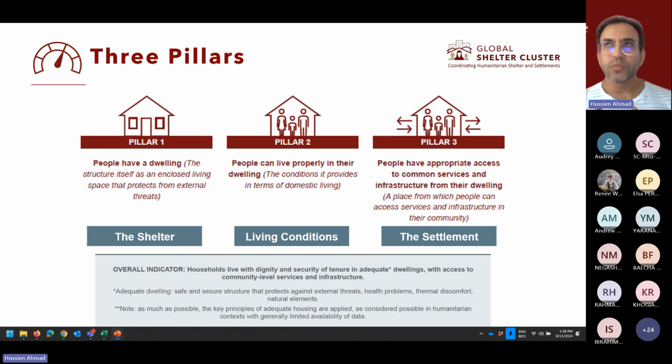Overall, our ultimate objective is to ensure that people are living with dignity, security of tenure, in adequate dwellings, in well-established settlements with community-level services and community infrastructures.